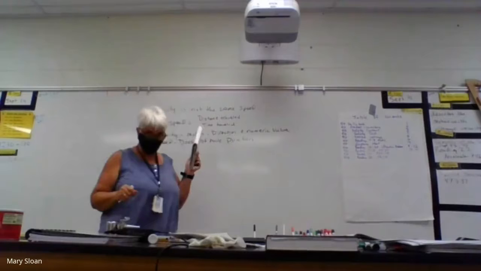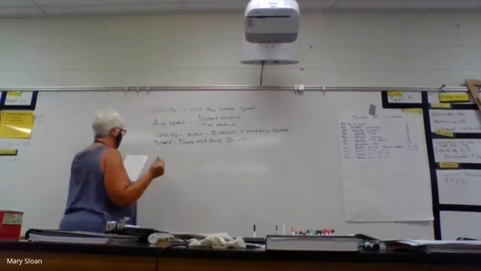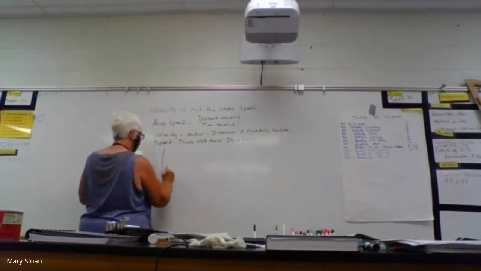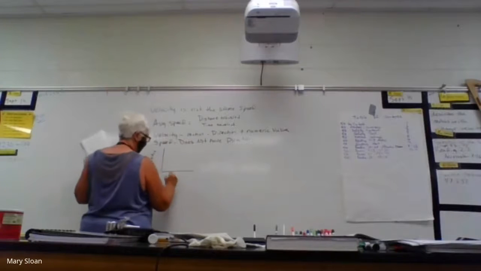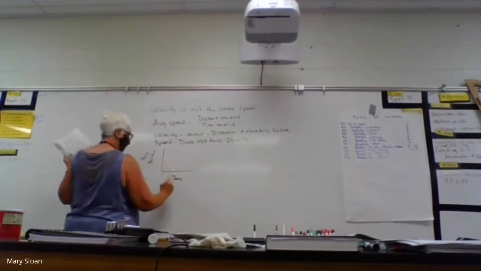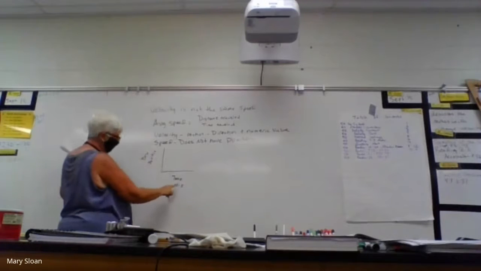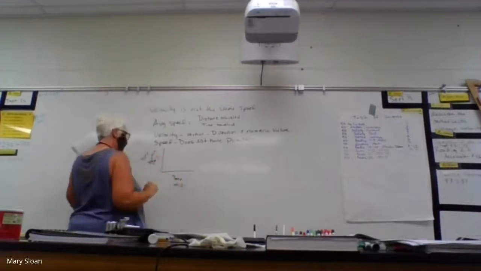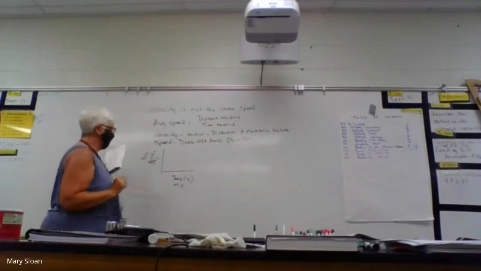But velocity does. Then when we're looking at velocity that is graph interpreted, you're going to have a graph where you have position versus time. This is your dependent y-axis and this is your independent x-axis. When we're talking about position, we're talking about meters, and when we're talking about time, we're talking about seconds.